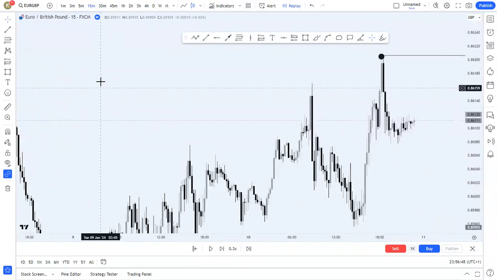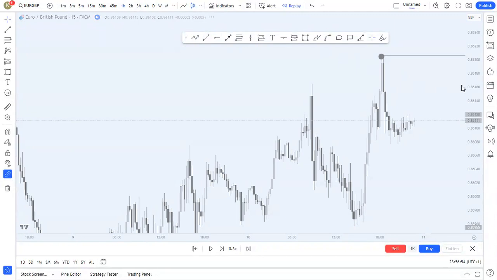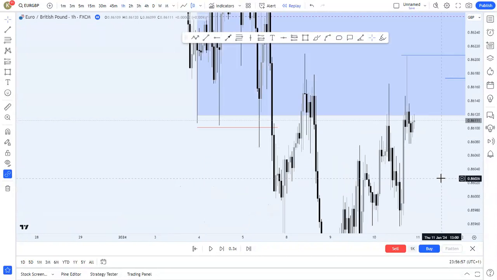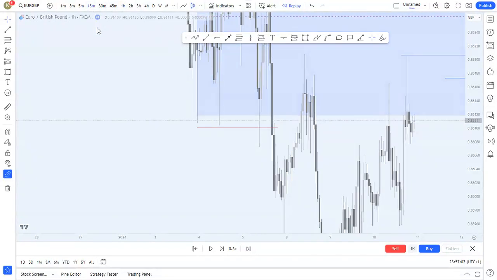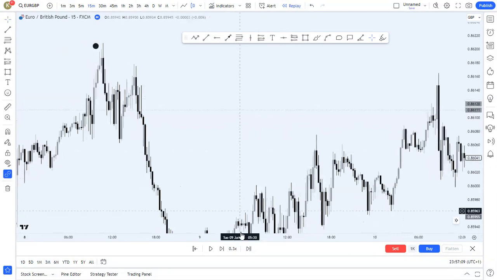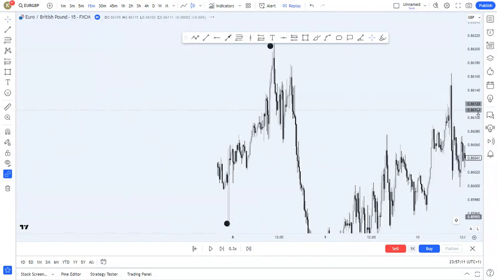Now what happens is that on the 15, you find it hard to find any point of interest that is about to make price drop. You hardly find that, right? Because price ran only this high and that's it, and it's not showing on the 15 minutes. As you can see, it's not showing on the 15 minutes.